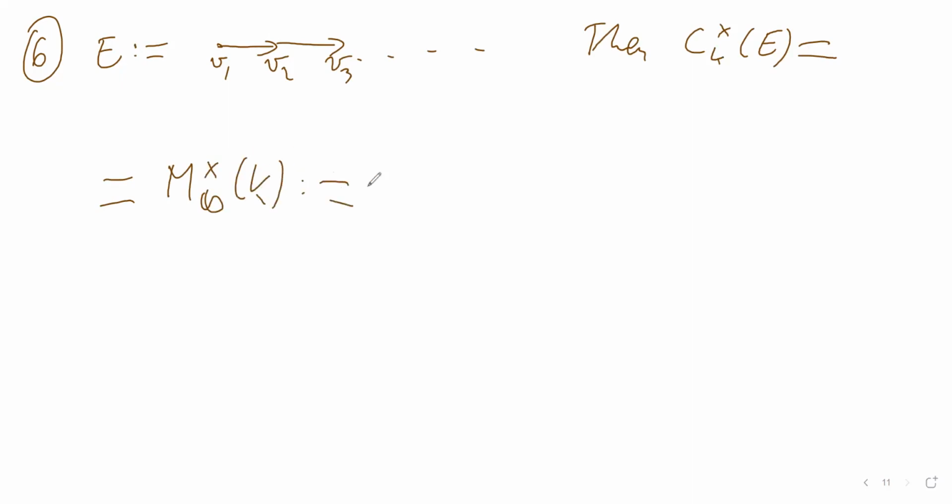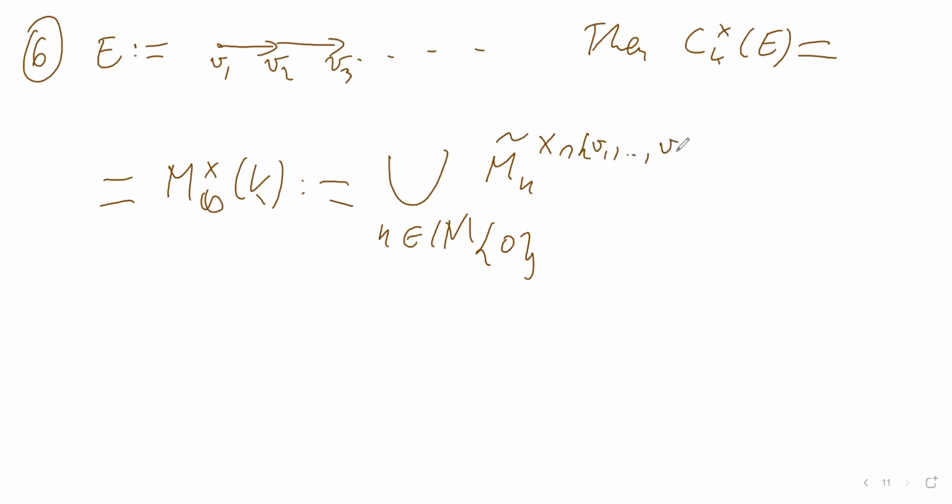Well, we construct them as follows. This is the union over all non-zero natural numbers of what? And here I have to use tilde. So luckily I already explained the tilde before. And the set I'm taking here is X, but intersected with the first n vertices, V1 to Vn. You see, unlike in the case of a finite simple path, all these vertices are regular. I don't have to throw out Vn.